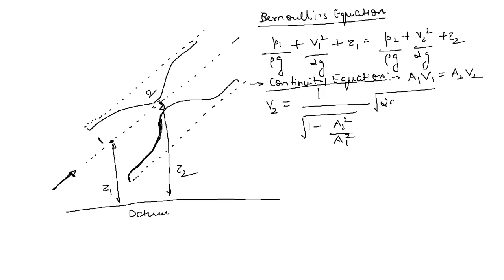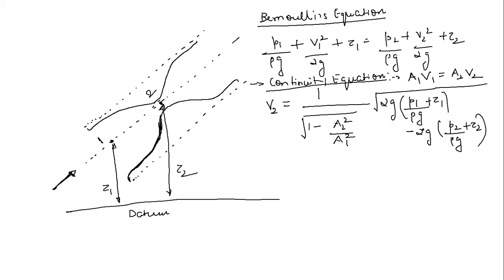Finally, root 2g, a very important thing I am going to discuss here. Root 2g, then here you will get P1 by rho g plus Z1. One term will be this. Another term you will get is minus P2 by rho g plus Z2.